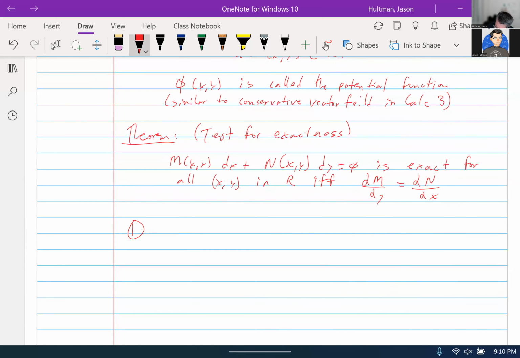So let's figure out how we could solve this. Let's solve a differential equation using this exactness definition.